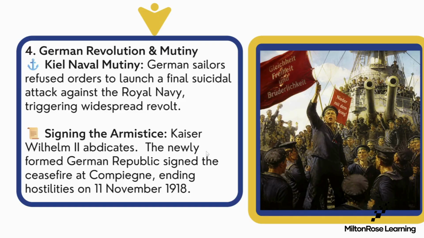And eventually the Kaiser Wilhelm II abdicates to Holland, and there's an armistice. So the newly formed German Republic signs the ceasefire at Compiègne, ending hostilities on 11th of November 1918. Okay, and the war comes to a close.